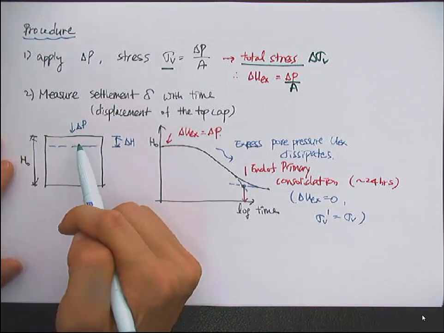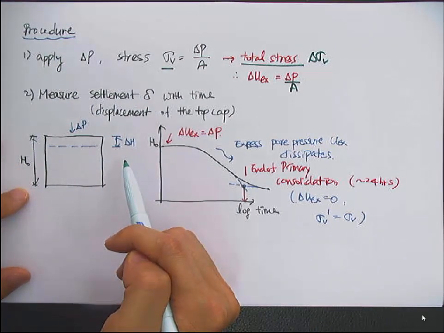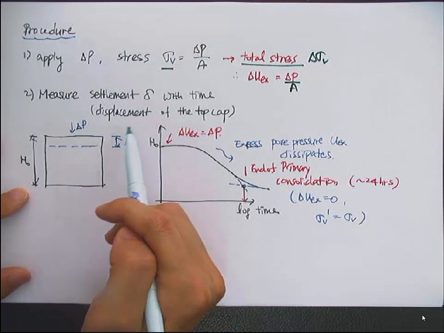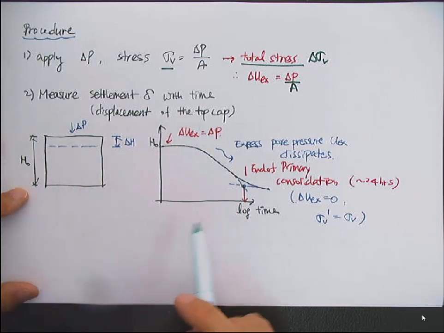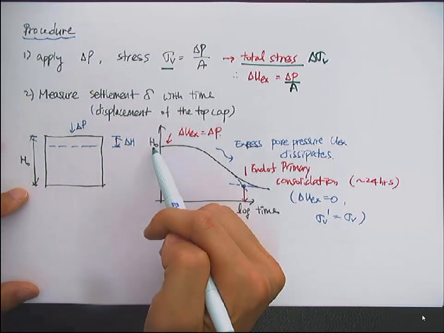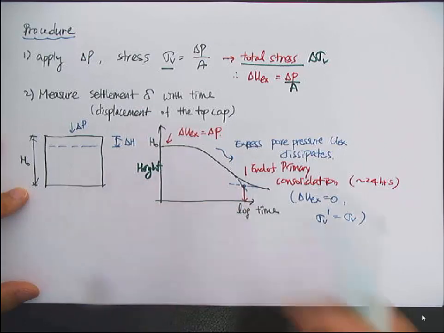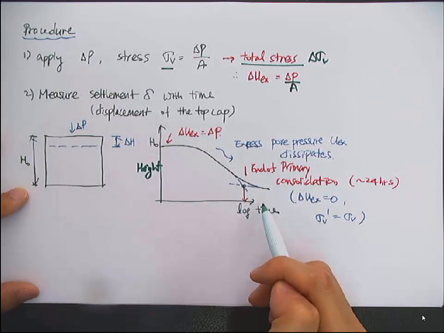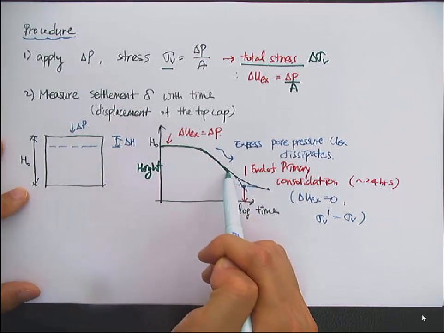Then you measure the settlement delta with time. That can be done by measuring the displacement of the top cap, so that you can plot the height change with time in the logarithmic scale, and then you have this kind of smooth curve.